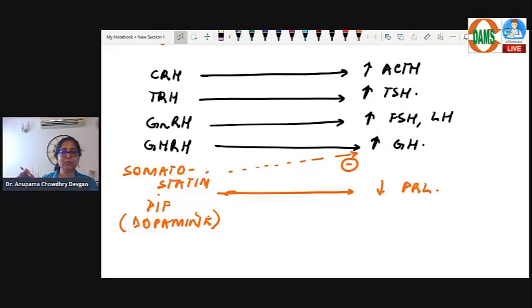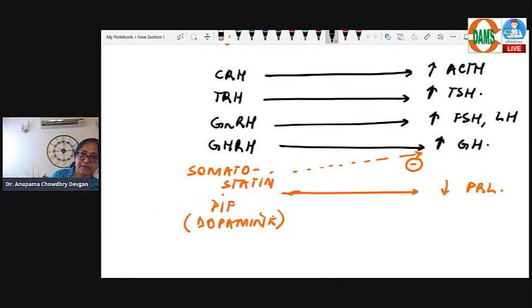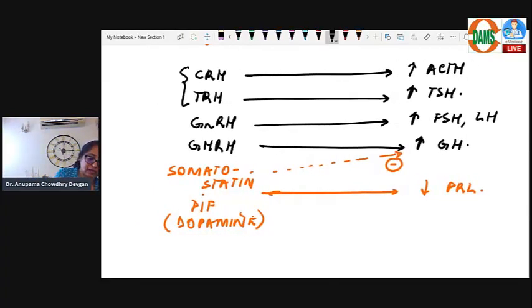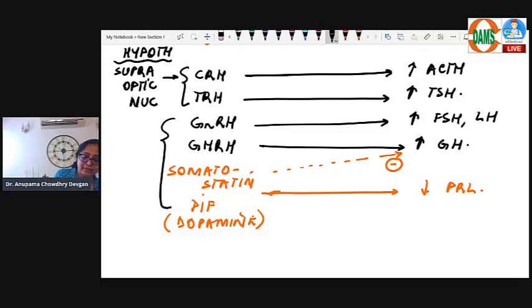CRH from the hypothalamus will increase ACTH. CRH and TRH are secreted by the supraoptic nucleus of hypothalamus. Sorry, not supraoptic, paraventricular nucleus of hypothalamus.